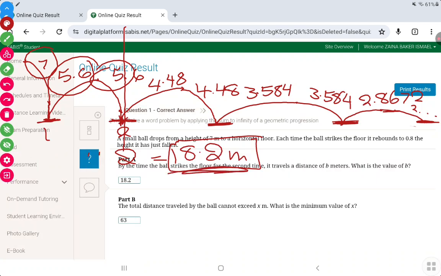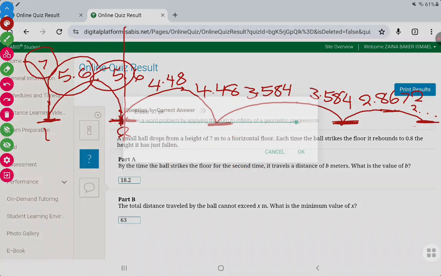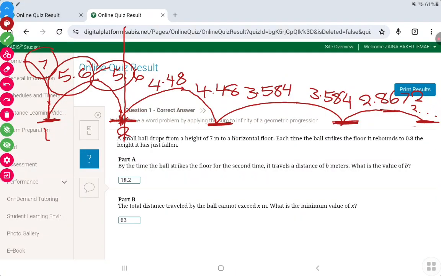Now, if we look at what we have here, if we write out all the numbers, we have 7, that's our first distance, plus 5.6 and 5.6. The distance from each rebound is 5.6 plus 5.6, which is 11.2, plus the distance from here to here is 4.48 plus 4.48, which is 8.96, okay?